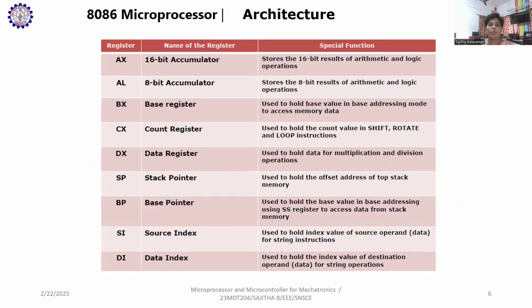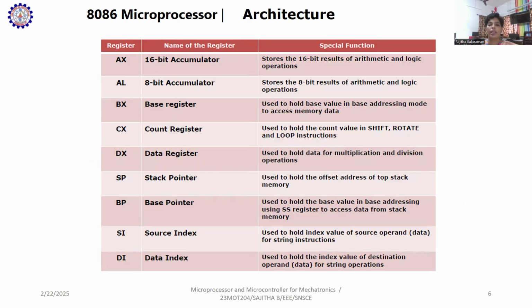Coming to the special function registers, that is AX or AL, BX, CX, DX, SP, BP, SI, and DI, we'll see what their functions are. AX is generally used to store the 16-bit results of arithmetic and logic operations, and AL stores the 8-bit results.